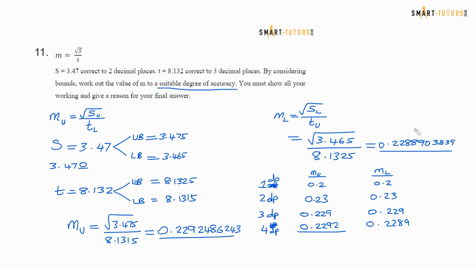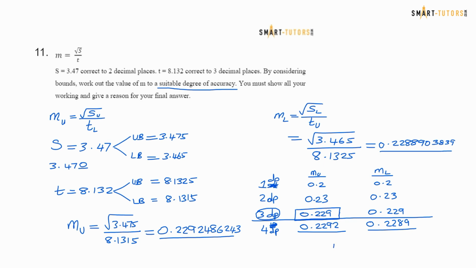So these two answers are different. So we draw a line between 3 and 4. So this is the accurate answer nearest to the third decimal point. When we go to the fourth decimal point, the answers are different.